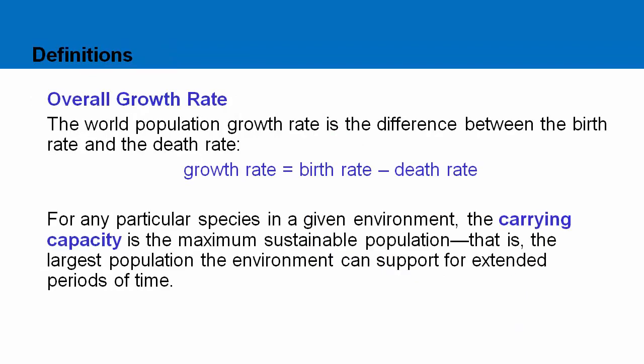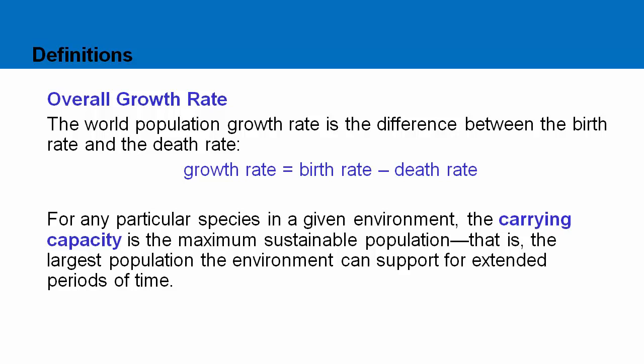Some definitions. Overall growth rate: we've seen this before. We've seen actual or absolute growth rates and then relative growth rates. Now we're just doing it in terms of people, whereas in other examples we've seen it in terms of money, right? So the actual or overall growth rate is always going to be your total change.